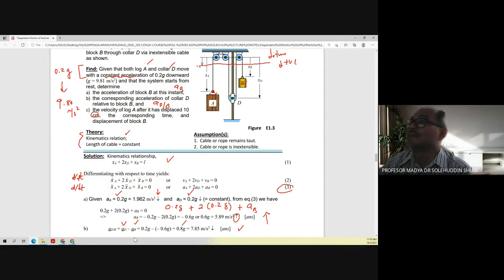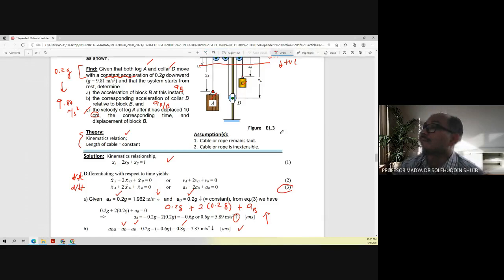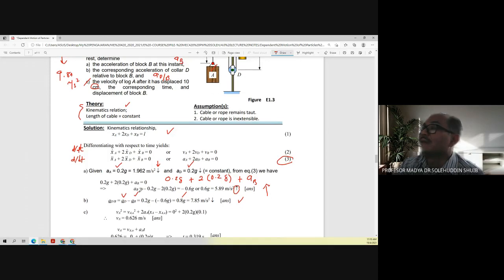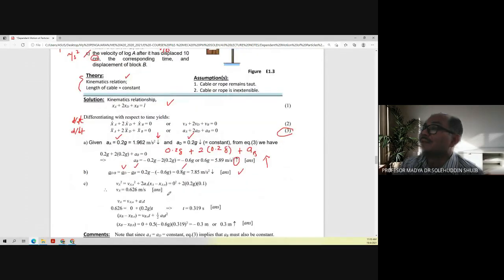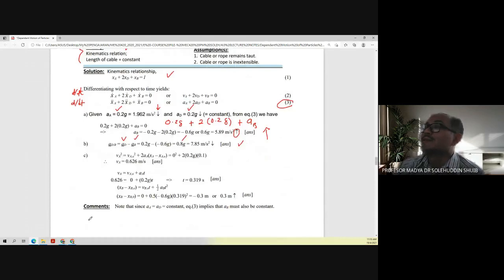Okay, now it's part C. We have done part A and part B. Now for part C, we need to find the velocity of A. Remember constant acceleration, so we use again this equation.